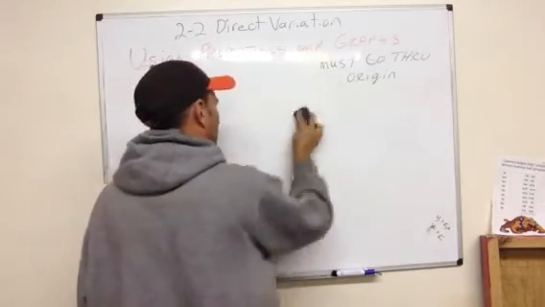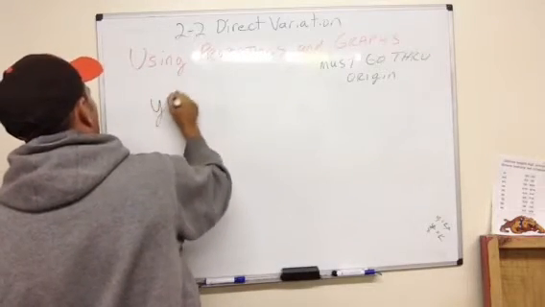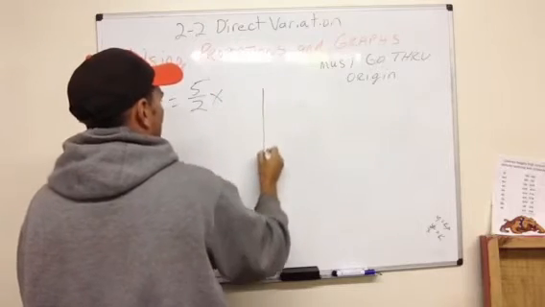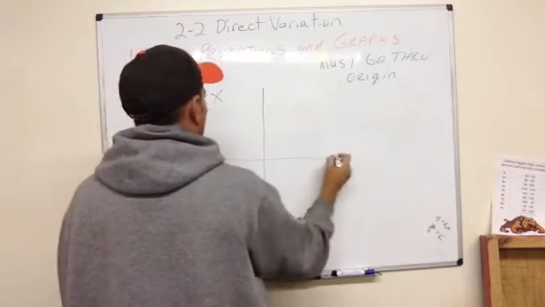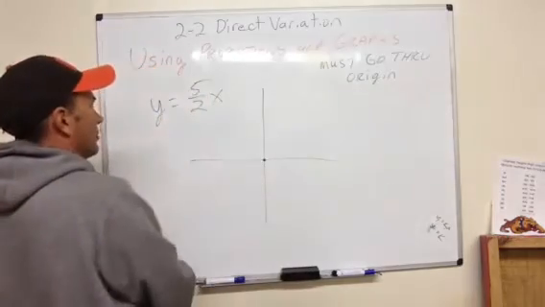So if we're given an equation y equals 5 halves x. When x is 0, y is also 0.